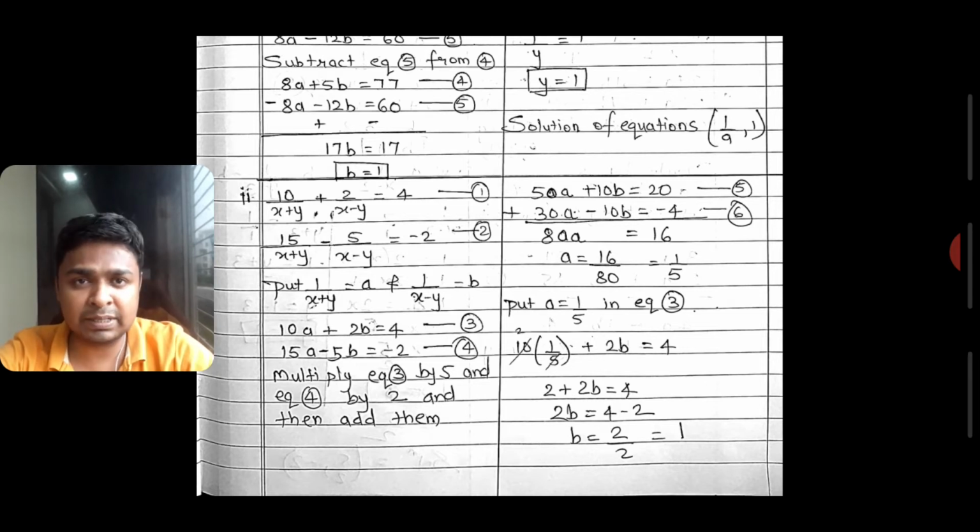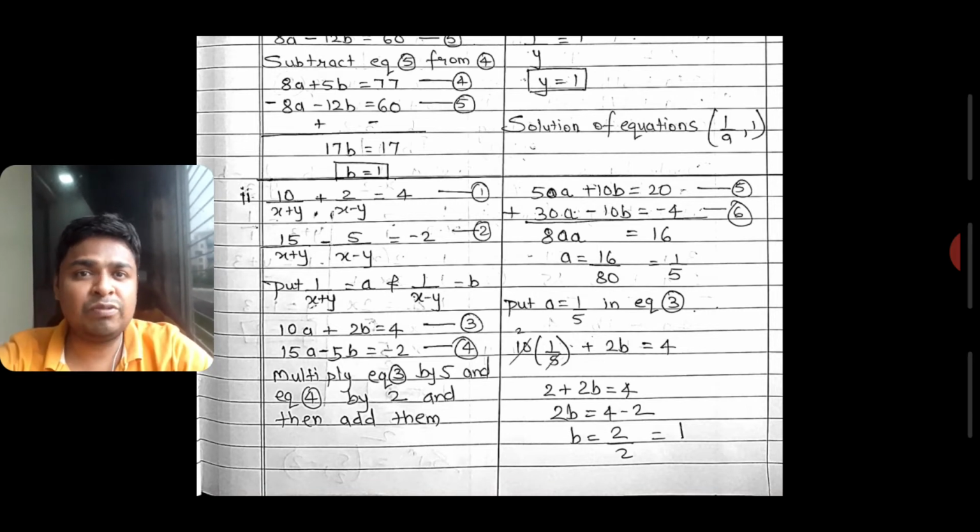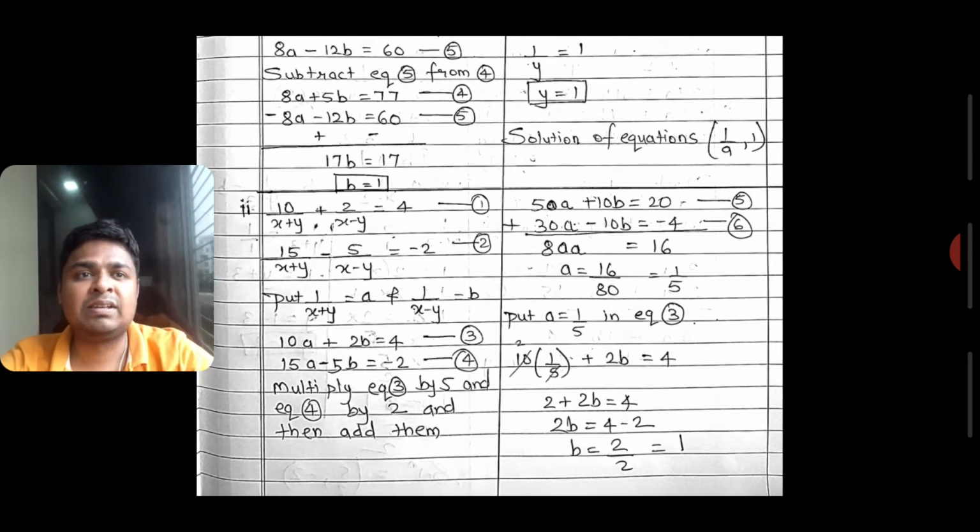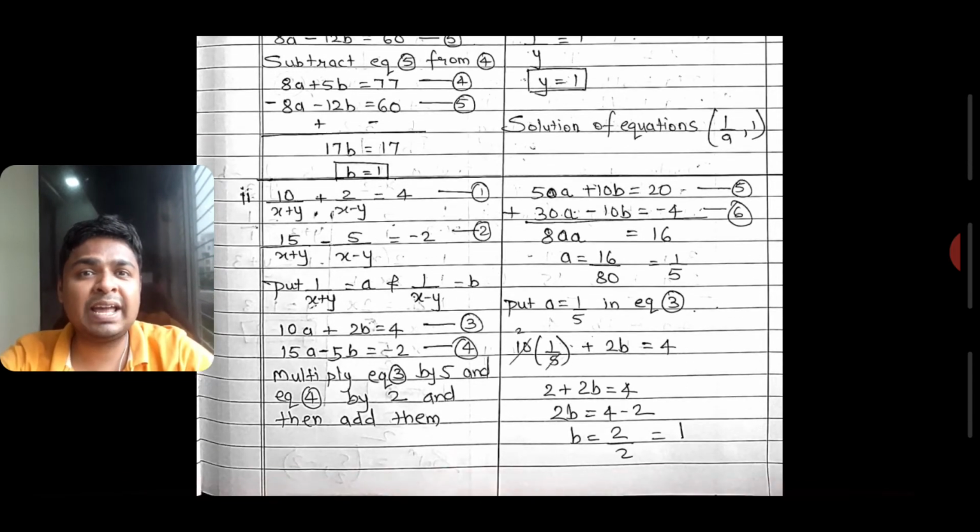These are bigger numbers. I can make them the same, but it will take a lot of calculation. Instead what I do, I take 2 and 5. So 5 twos are 10, 2 fives are 10. So I multiply the third equation by 5 so that I will get 10 and the fourth equation by 2, so again I will get 10. So common coefficient I get 10.